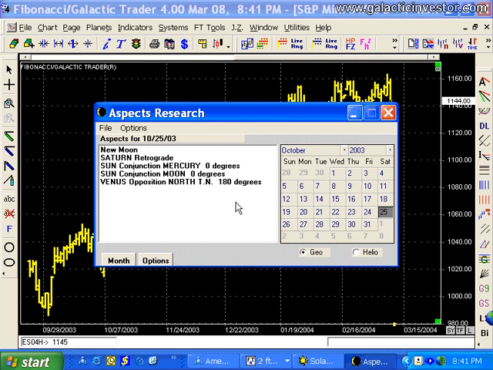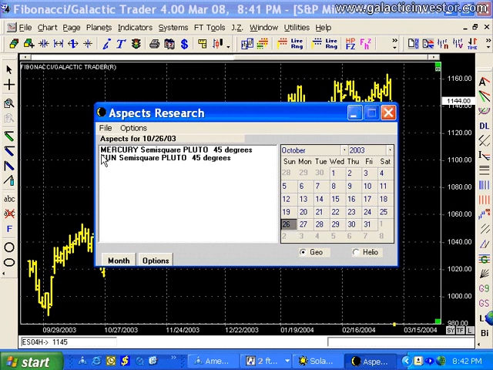The 25th, over the weekend, we had Saturn retrograde. And many of you remember what happened when Saturn went retrograde in 2002. That was the bottom of the stock market after that huge decline. And if we go to the 26th, we have Mercury and the Sun both semi-square Pluto, 45 degrees.